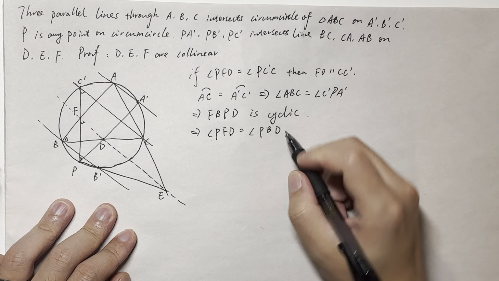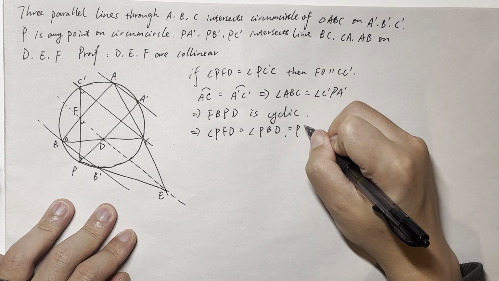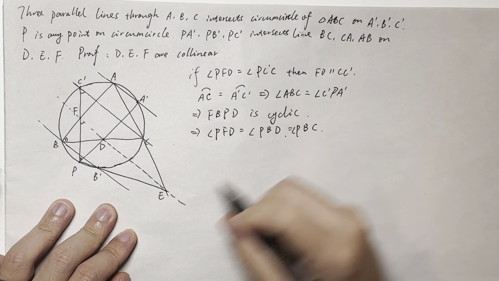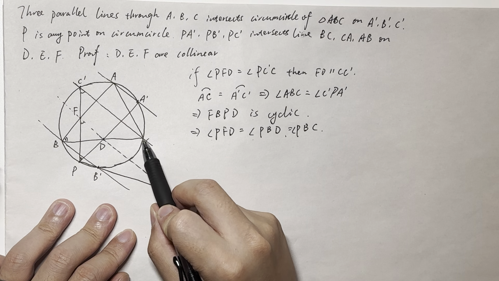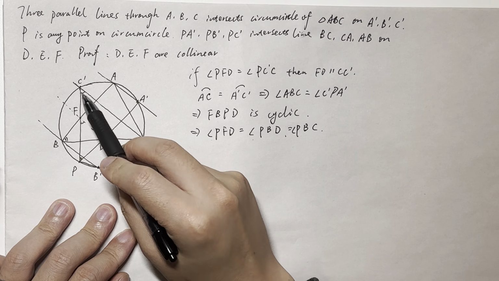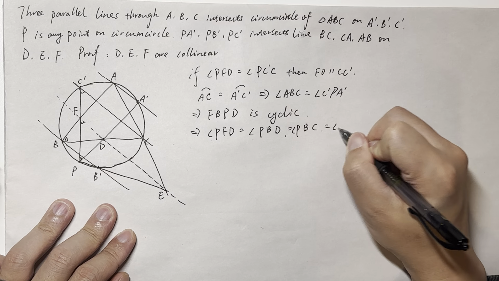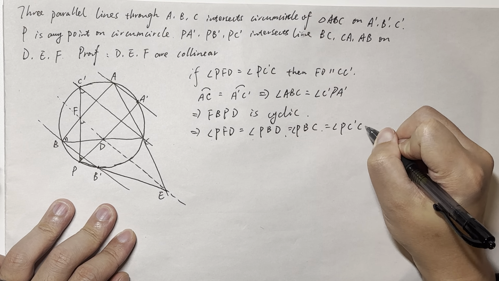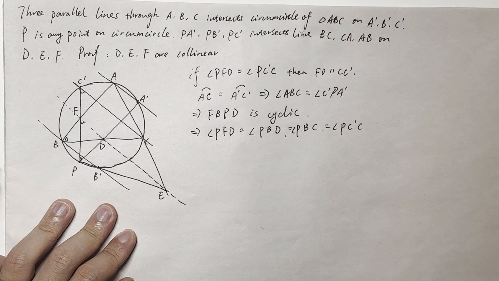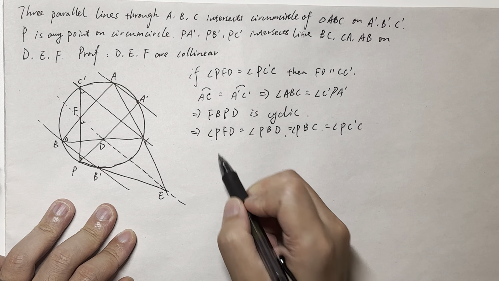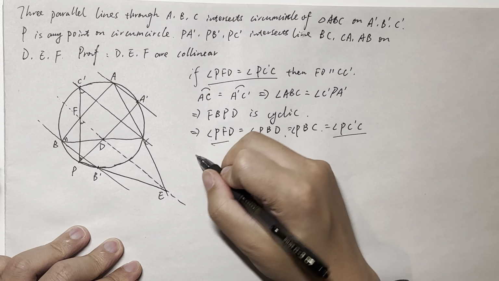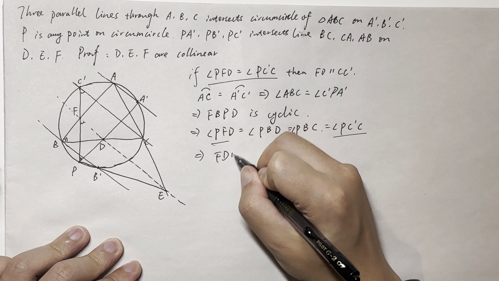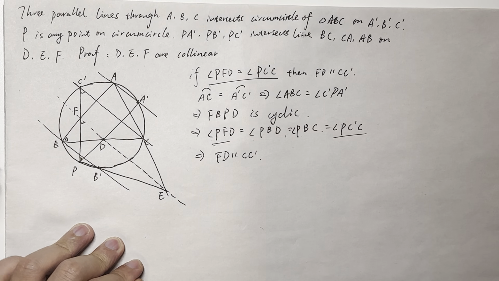Angle PBD is angle PBC. And we know that angle PBC equals angle PC'C. So we know FD is parallel to CC'.